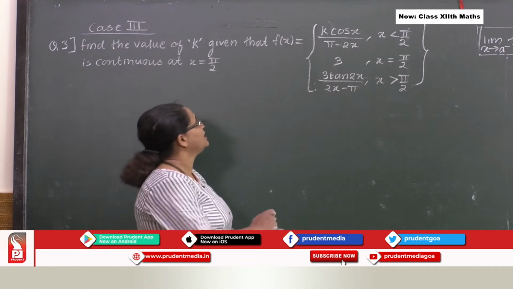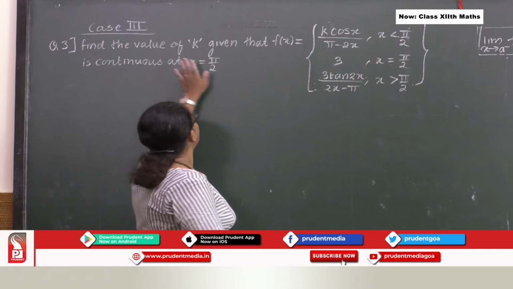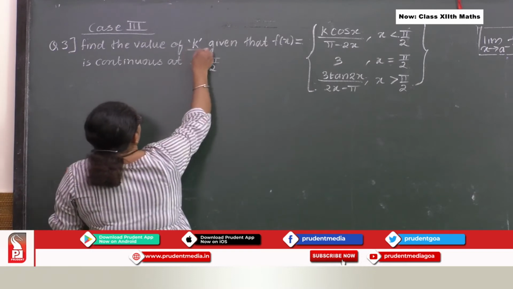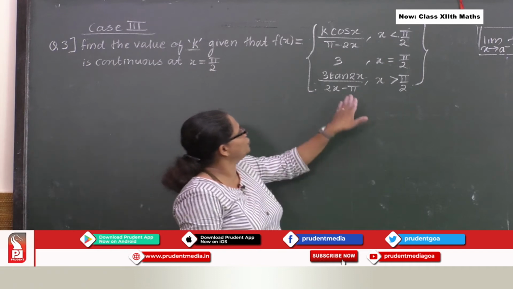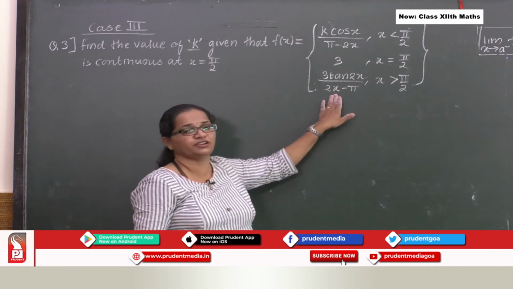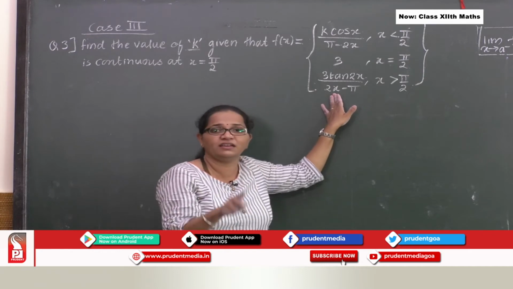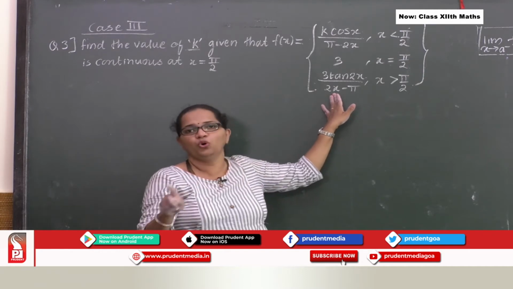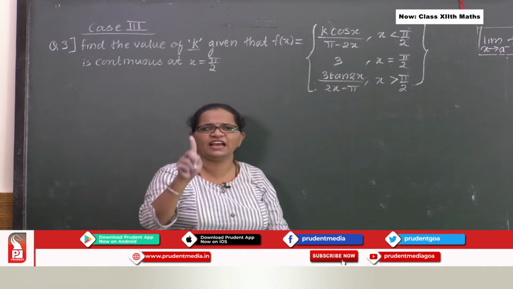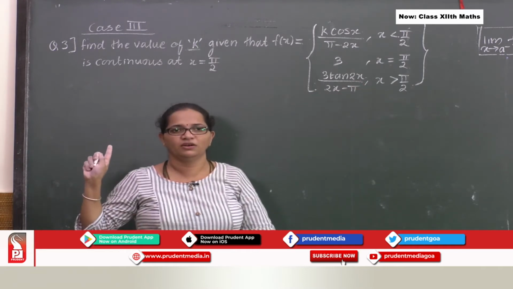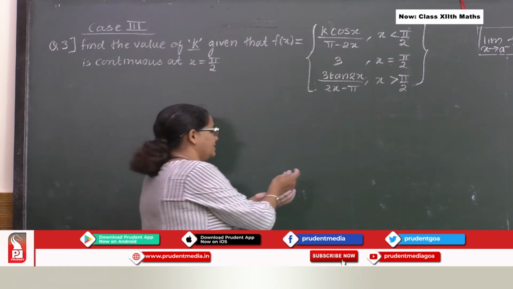Let's proceed further. Now if you look at it carefully over here, I need to find the value of constant k. Now here, if you look at this third definition, do you have k here in the third function? No. So this function is just given as a distractor. Be observant.